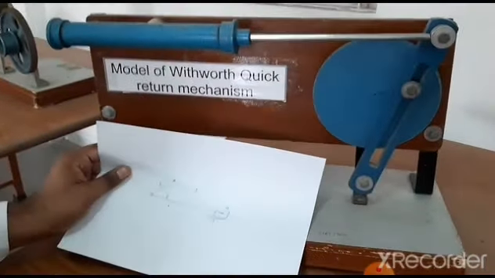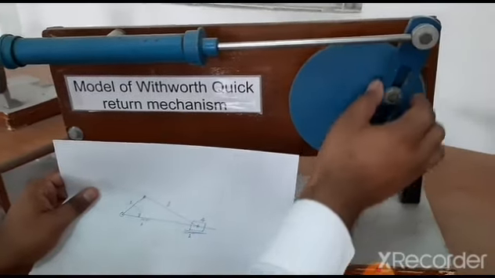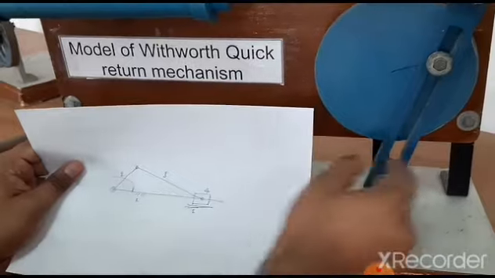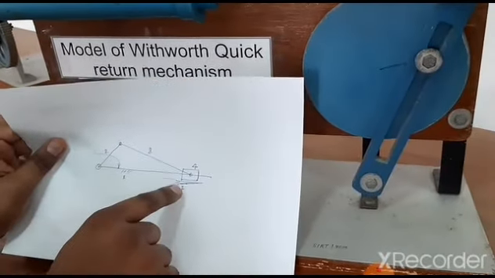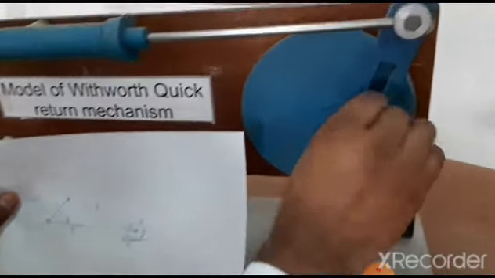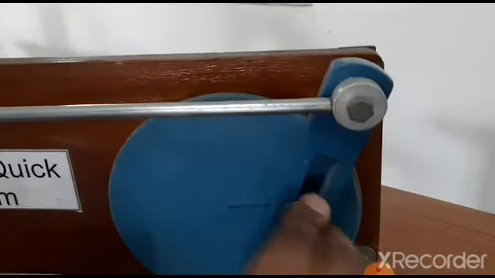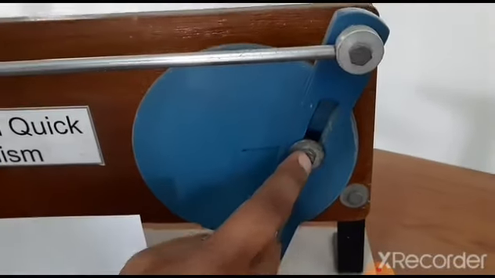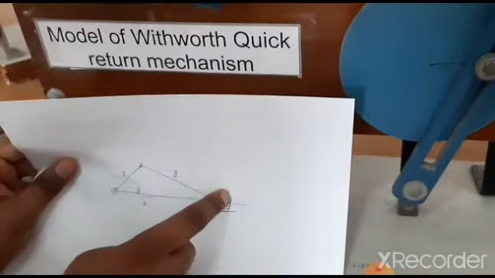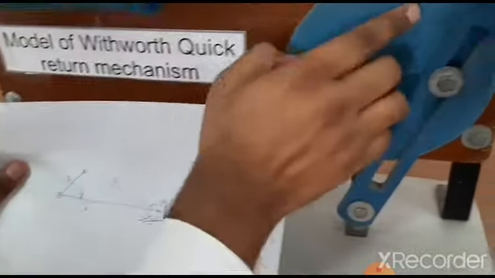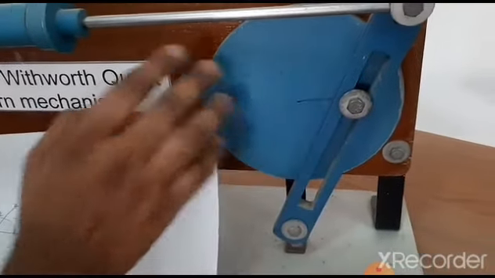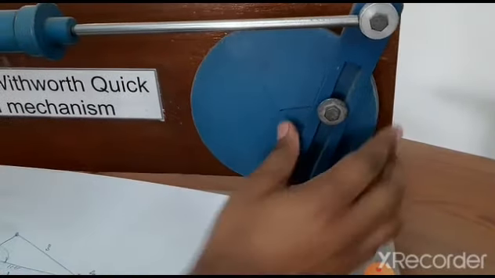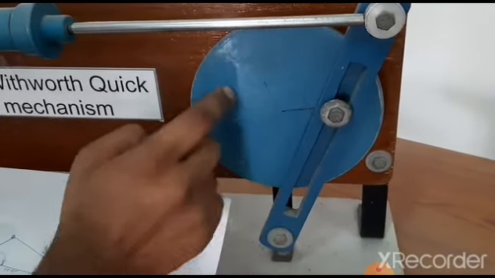So you can see that this is link 1, and this link 1 is connected to the slider 4. So this bolt, this is a slider here, so this is link 4. So link 1, link 4, and link 4 is connected to link 3. So you can see that this is called link 3.